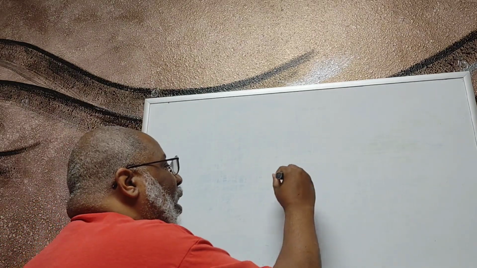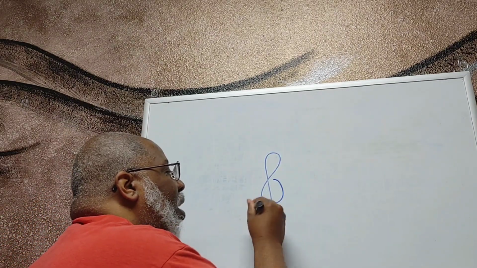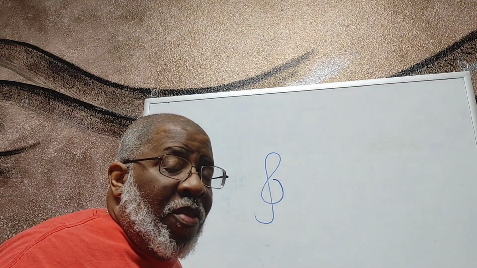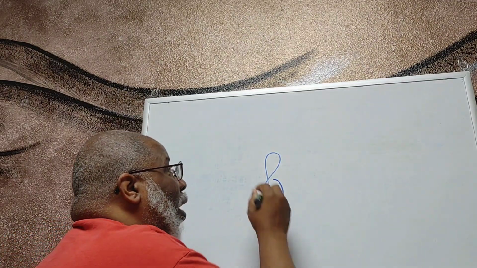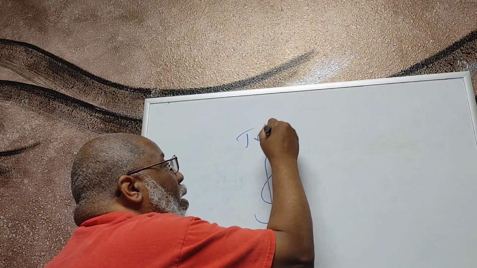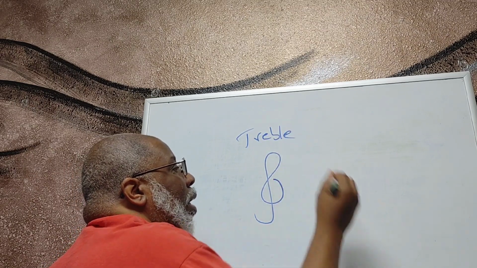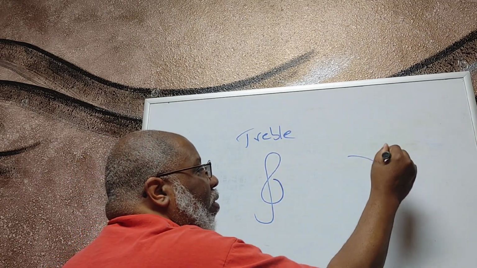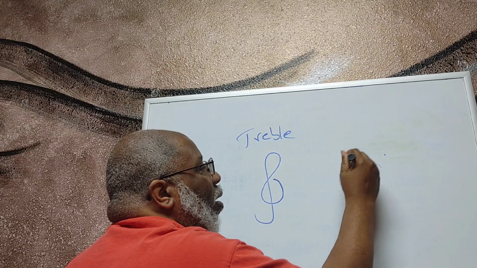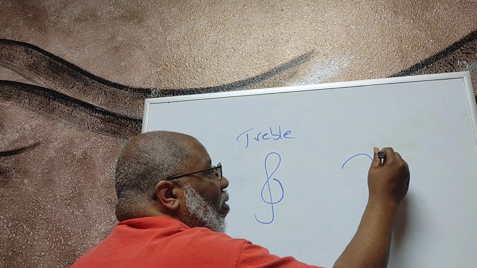And to know that, you have to understand a couple of things. Clef signs, and for most of us, there are two. There is a treble clef, T-R-E-B-L-E, and bass clef. This is the worst bass clef ever. There you go, bass clef.